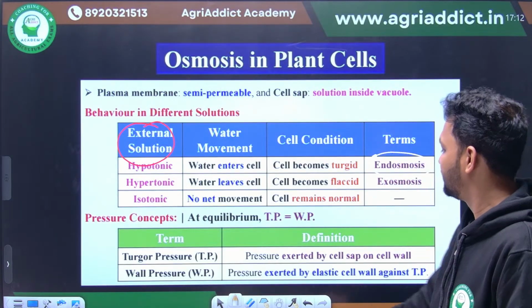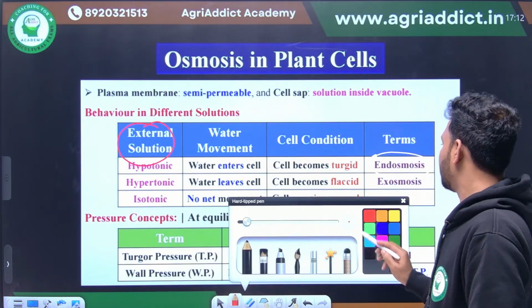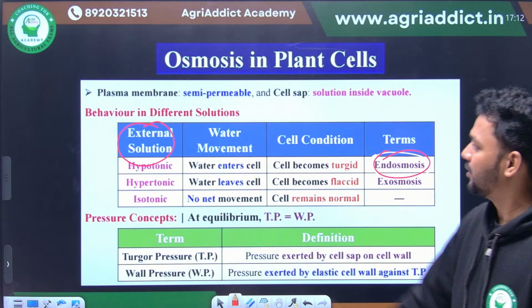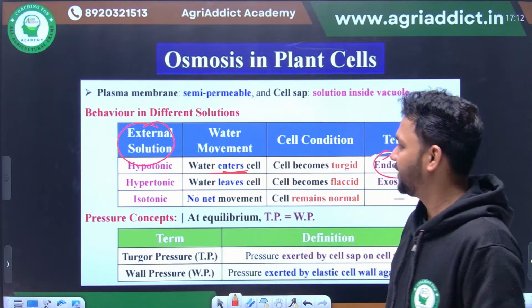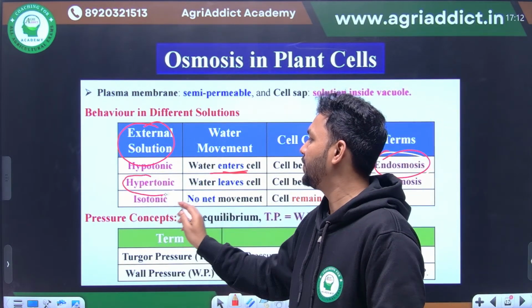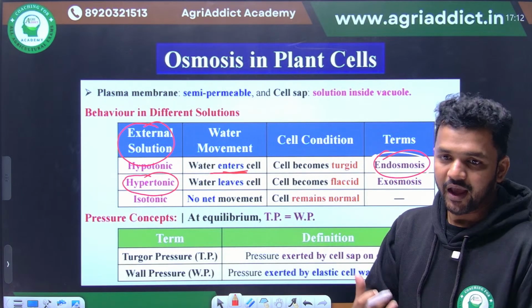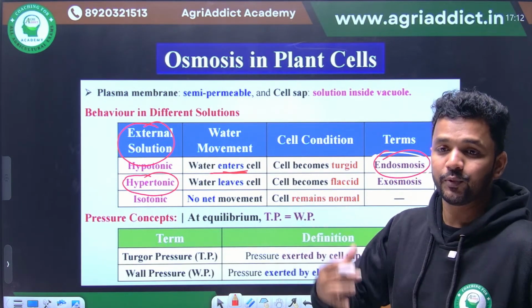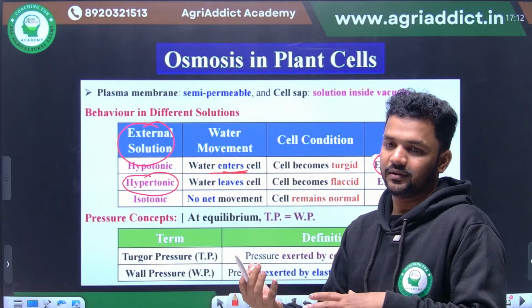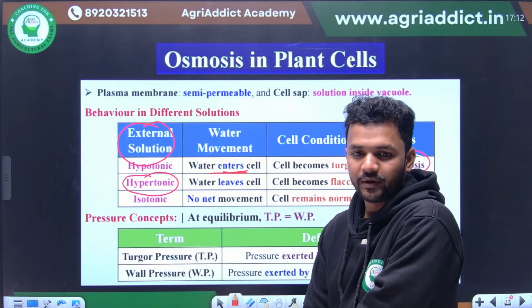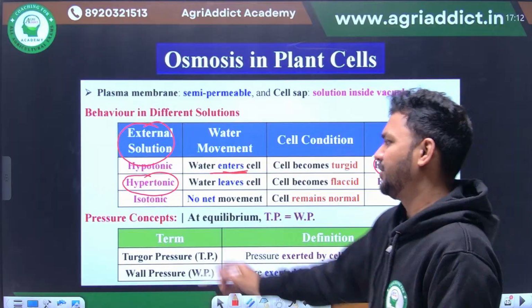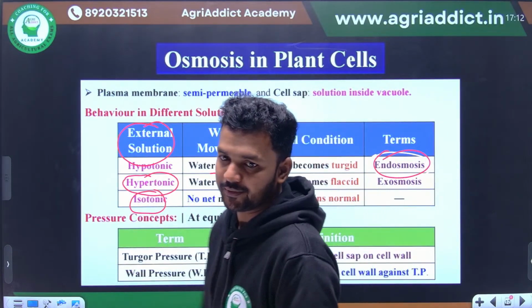So endosmosis will occur and water enters the cell. Similarly, if the external solution is hypertonic compared to the cell, exosmosis will occur, meaning water moves out of the cell into the external environment. And if isotonic, there is no net movement.